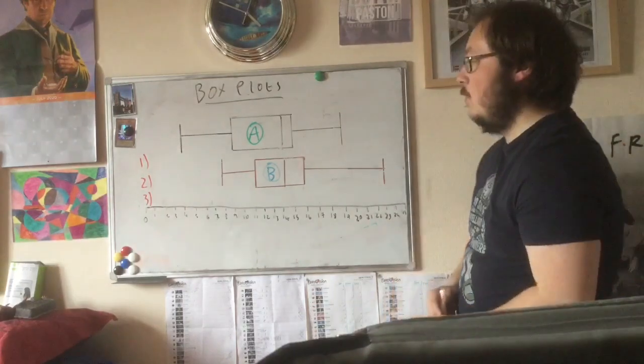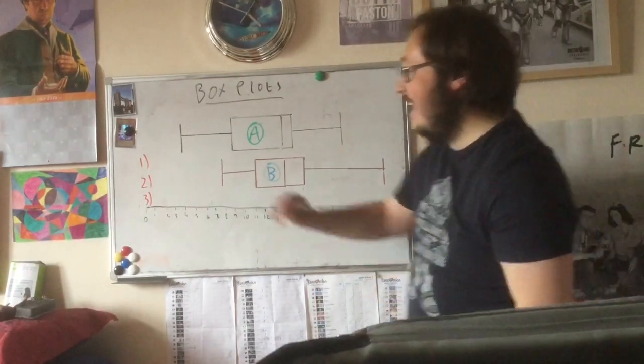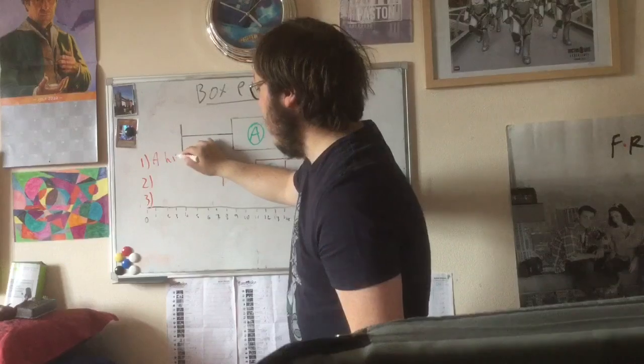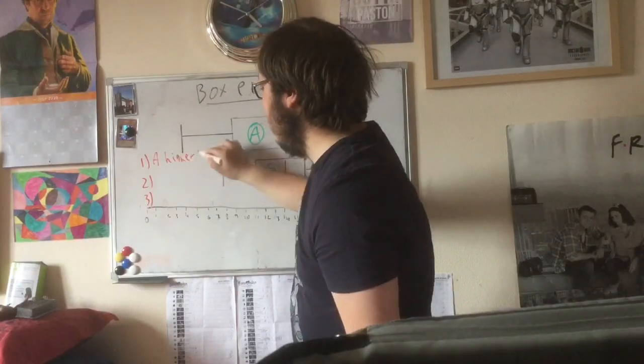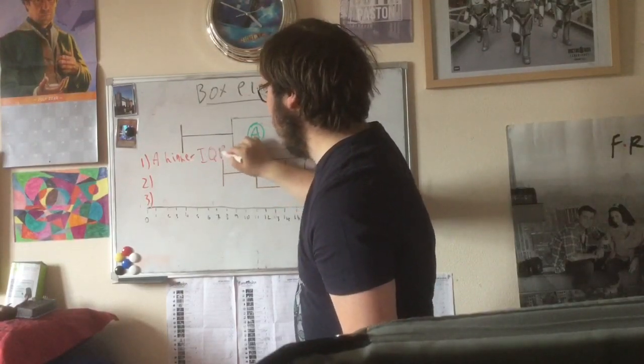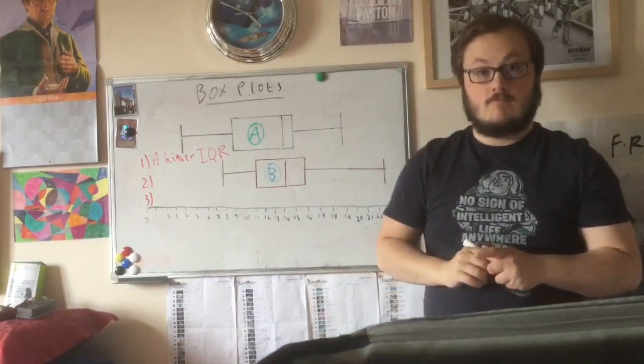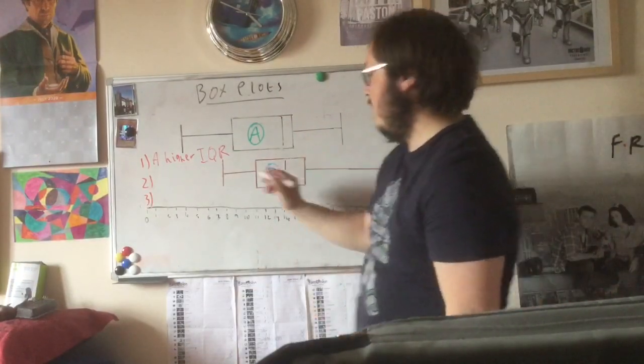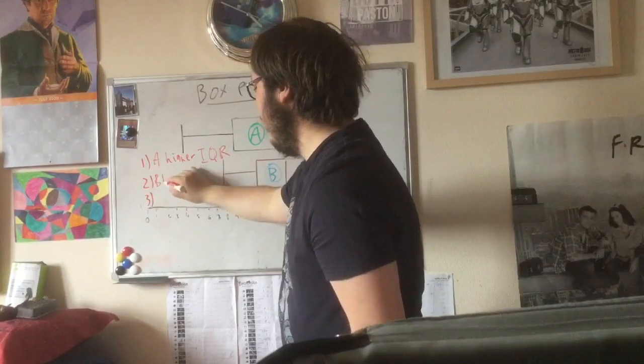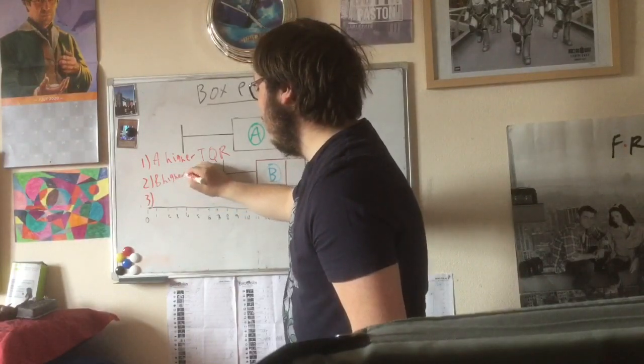So here's fact number one by looking at it. A has a higher interquartile range. Fact number two, B has a higher median.